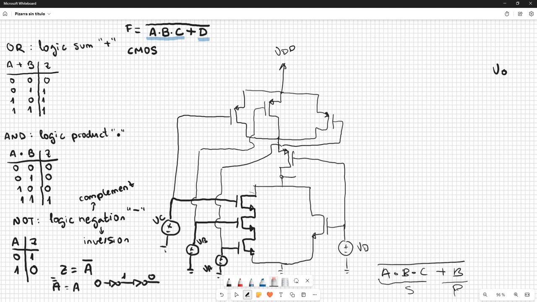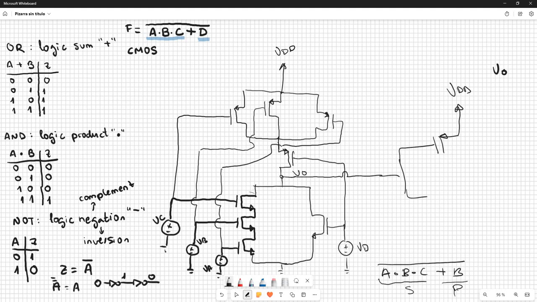What happens if I want this function but not negated? We can do the following. We can take the output and connect it to, for example, an inverter, a CMOS inverter.